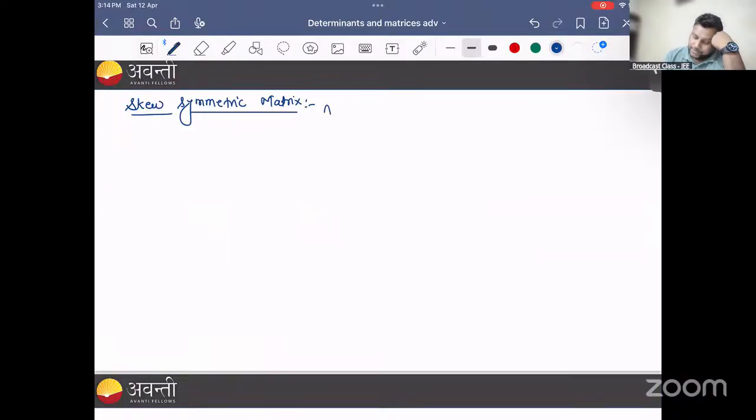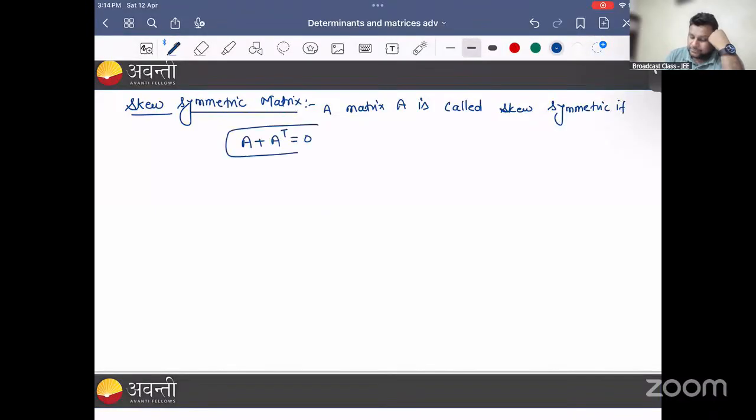A matrix A is called skew symmetric if A plus A transpose is 0.